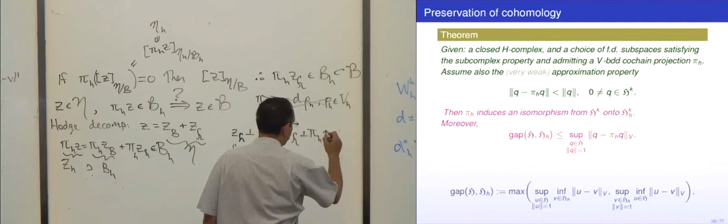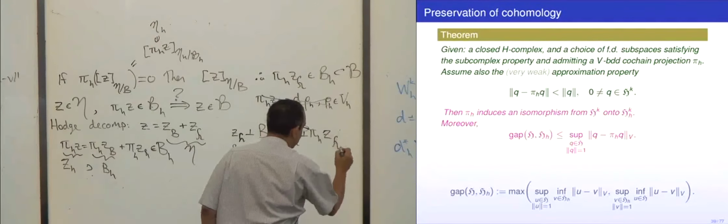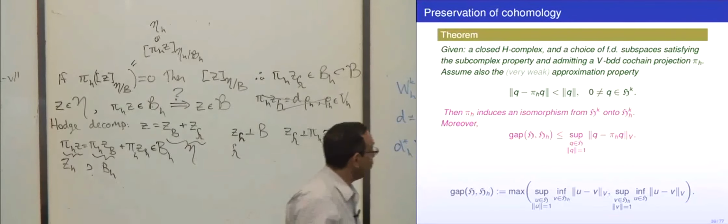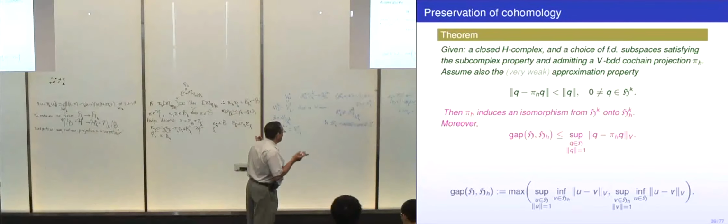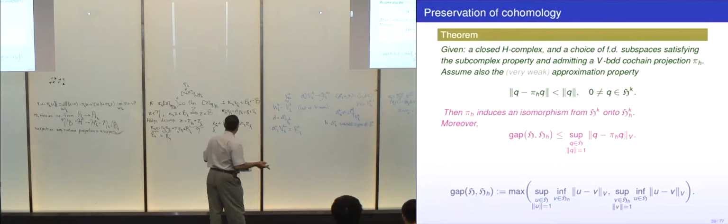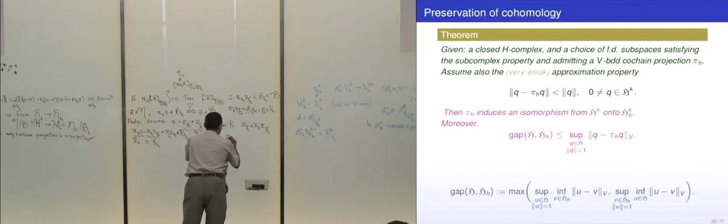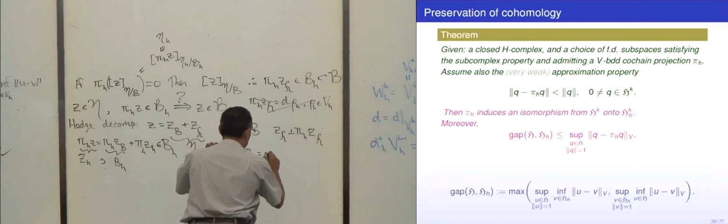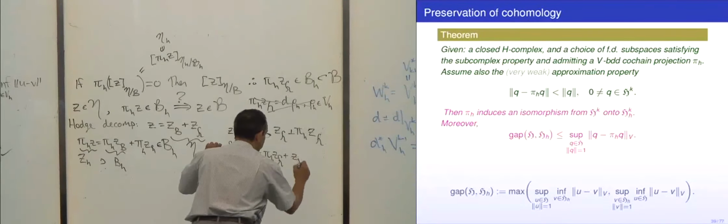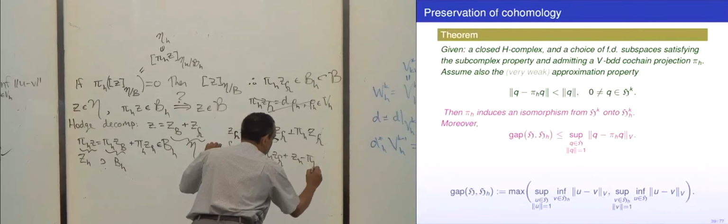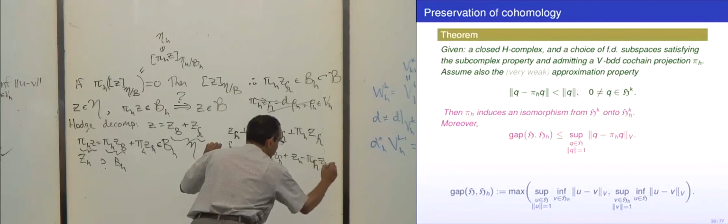Well, actually, so now we're done. Remember what I said is our approximation property was minimal possible. At least the harmonic form shouldn't be orthogonal to everything in the space. But let's follow it through carefully here. We have ZH is equal to pi h of ZH plus ZH minus pi h of ZH.